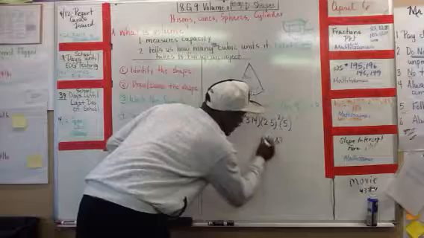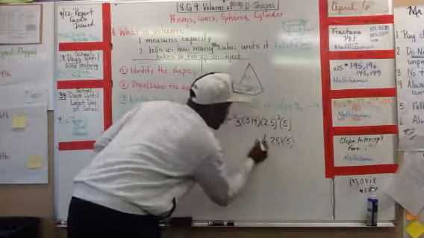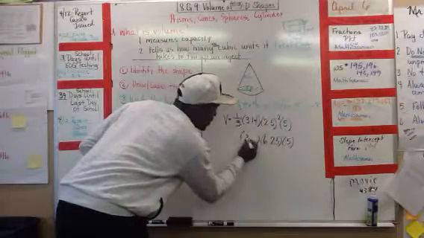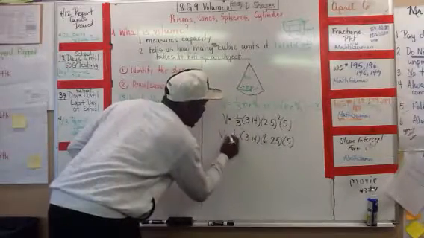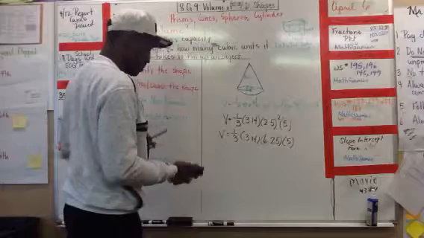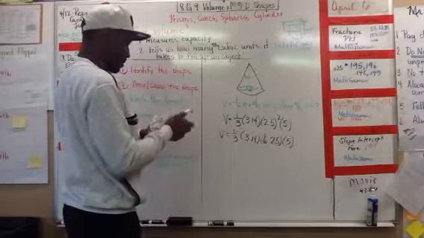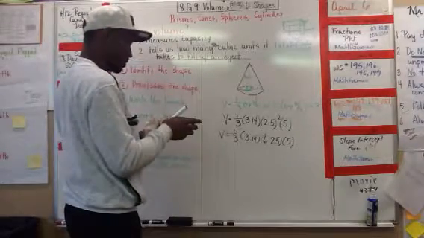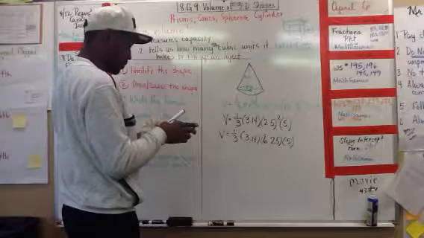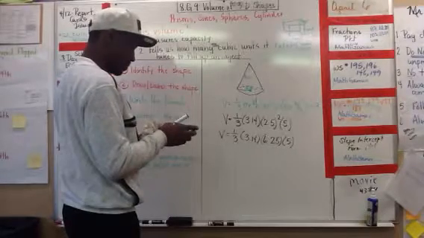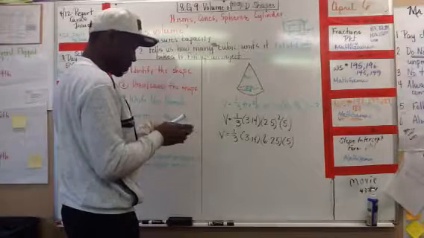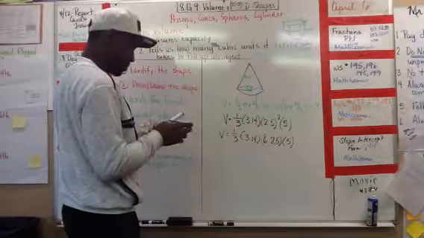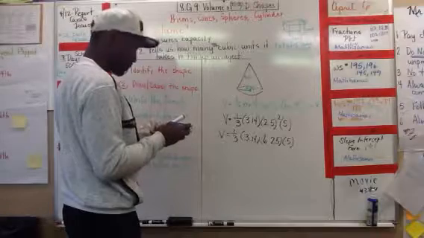So you're going to multiply that times 5. Bring down the 3.14, the 1/3 and the V equals. Now you can multiply this stuff straight across. Normally I discourage you from using the calculator, but it's okay in this case. Here I'm checking for process, as long as you know how.